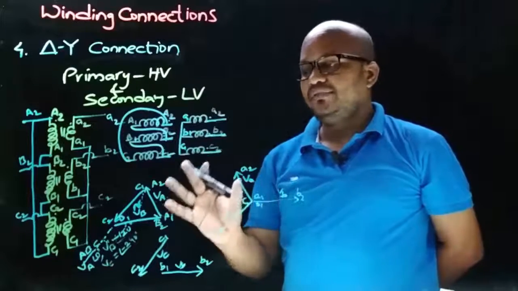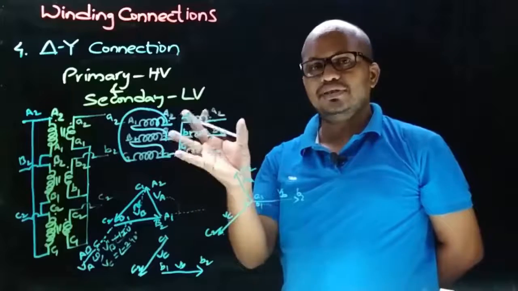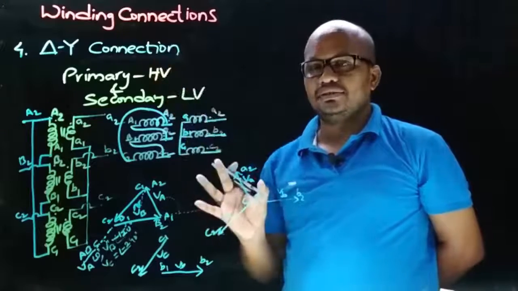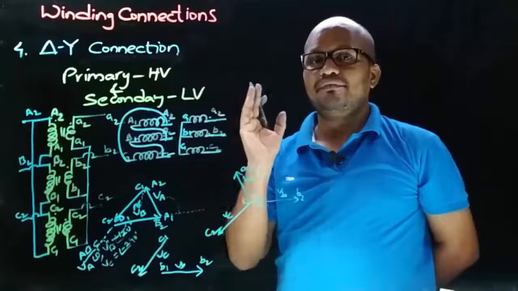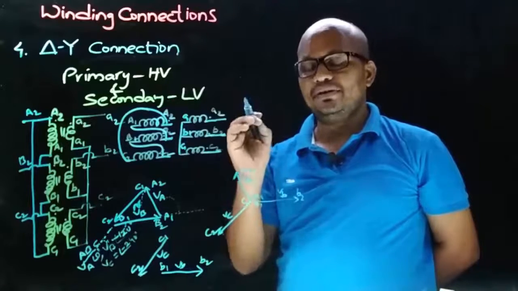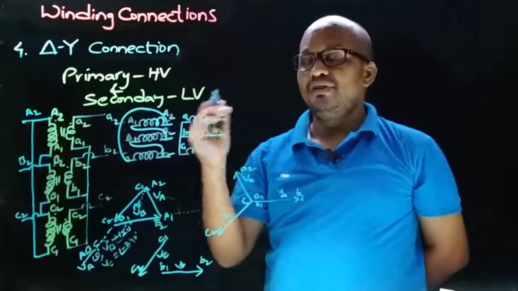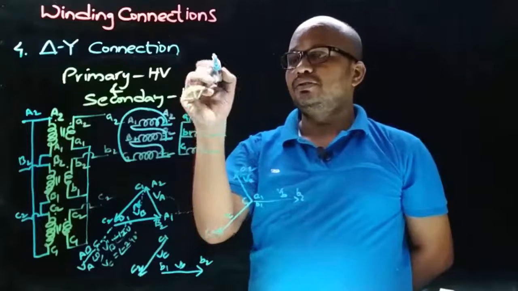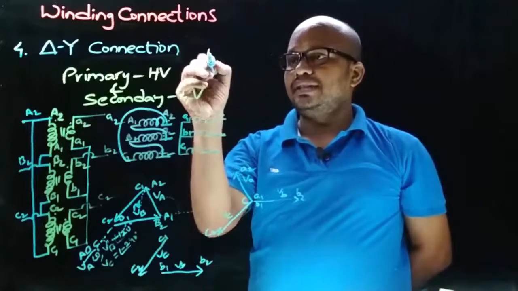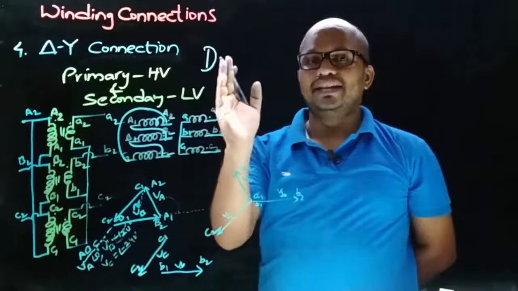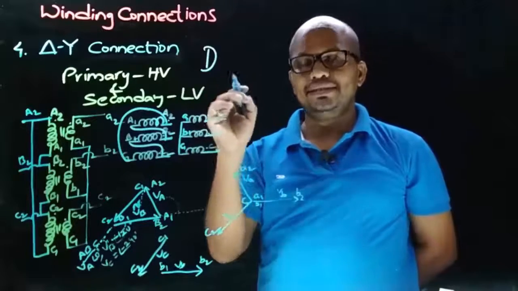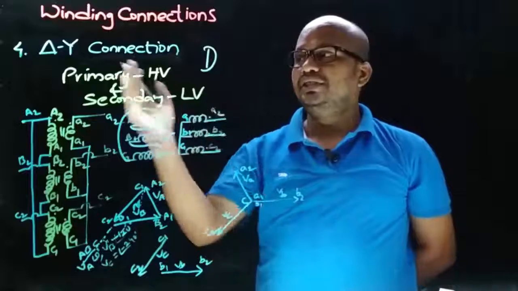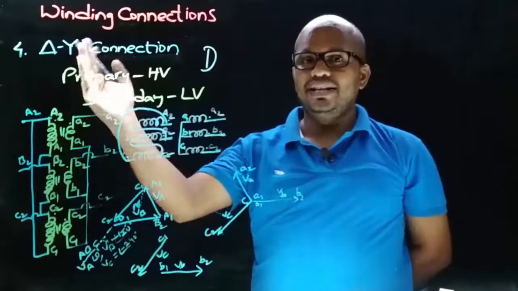And now let's identify the vector group symbol for this type of delta star connection. We know that the first character in the vector group symbol is in capital letter, and that will indicate the HV winding connection. And here the HV winding connection is delta, so it is represented with capital D. The second character in the vector group symbol is in smaller case, and that will indicate the LV winding connection.